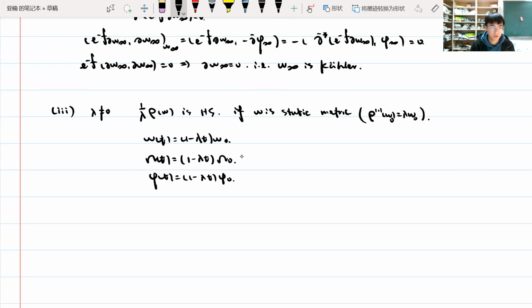So we compute F_t again in this situation. Because F_t is decreasing, and lambda is not equal to 0, we must have lambda positive.